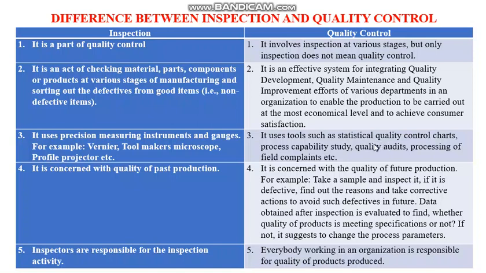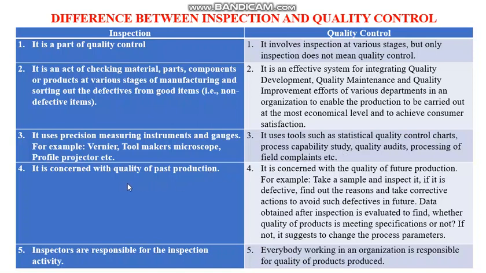What is it? We are going to study in the coming chapters after this. Okay, statistical quality control charts, process capability study, quality audits, processing of field complaints, that means complaints from the customers, etc. These become the tools for quality control.